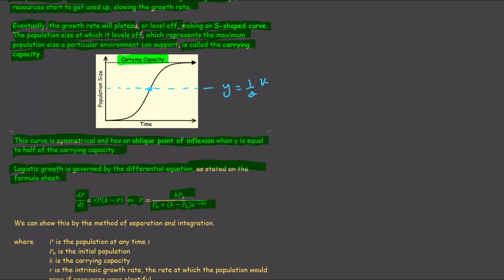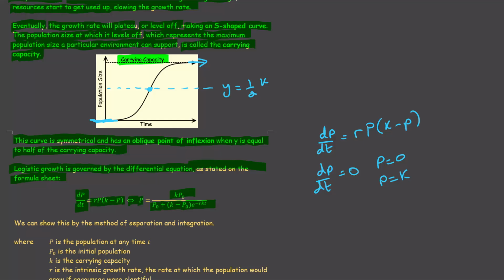Now I'm just going to point out something important here. We have dP/dt = rP(K - P), and that means that dP/dt is equal to 0 when P is equal to 0 or P is equal to K. And you can see that we have 0 gradient down here and a 0 gradient as we approach the asymptote.